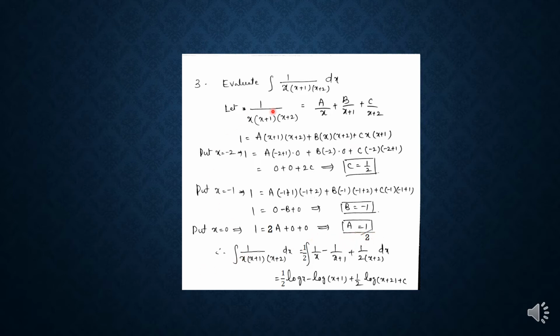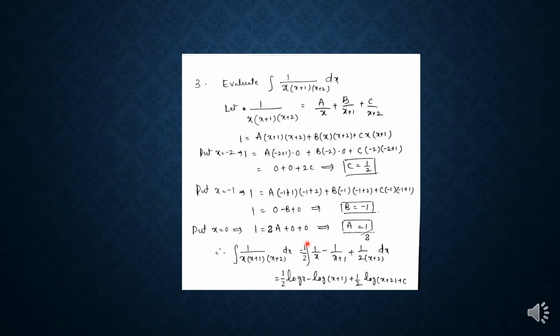Therefore, the integral 1 by x into x plus 1 into x plus 2 dx is equal to integral of a by x, where the a value is 1 by 2, that is 1 by 2 into 1 by x, minus b, that is minus 1 by x plus 1, plus c value is 1 by 2 into x plus 2 dx.